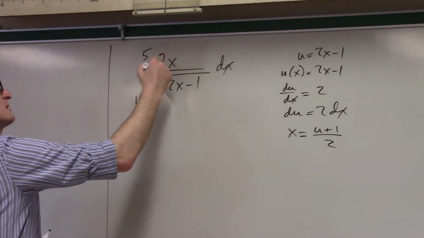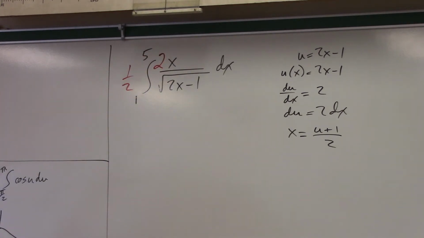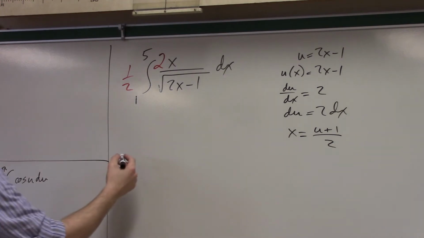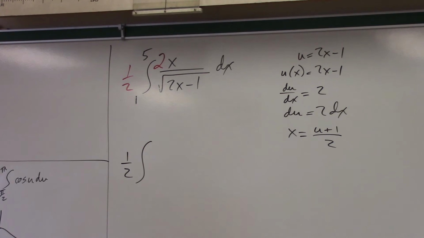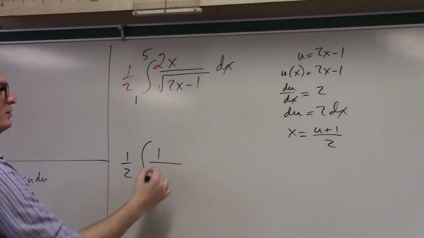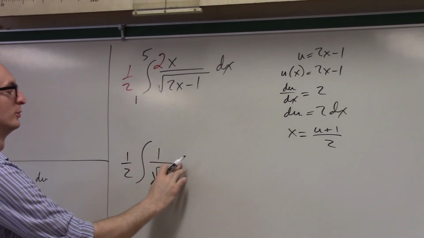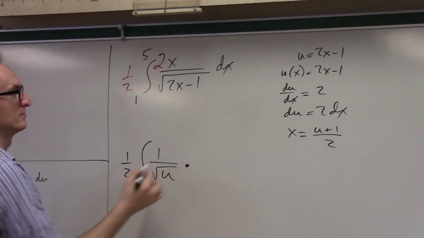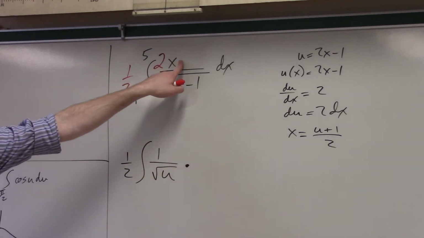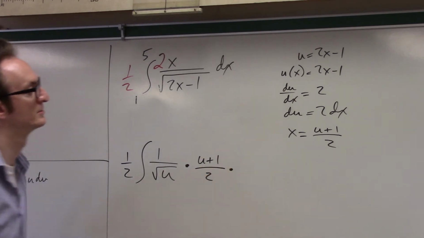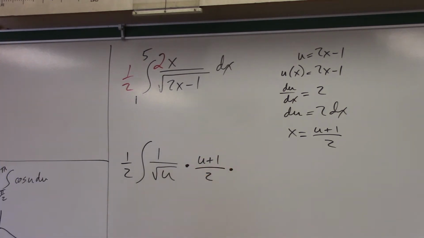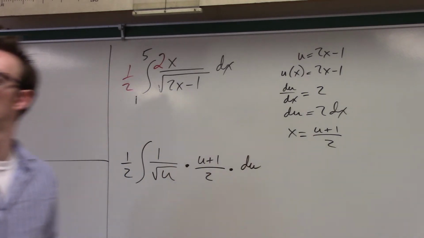So I need to undo the damage. It's 1 over root u times x, which is u plus 1 over 2, times du, which is 2 dx, so that's just du.